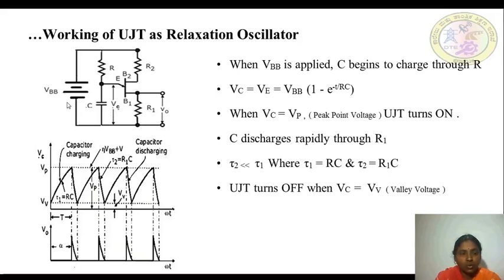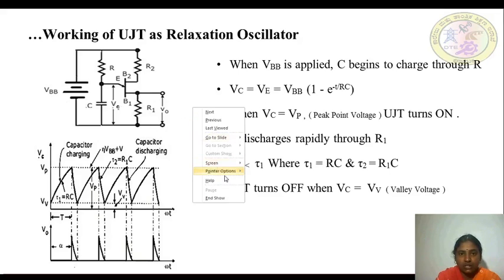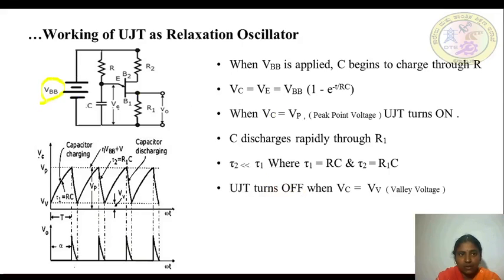Now when a source voltage VBB is applied across capacitor C, it tries to charge through this R exponentially towards VBB. During this charging, the emitter circuit of the UJT is in open circuit. Now the capacitor voltage will be equal to the emitter voltage as shown here.